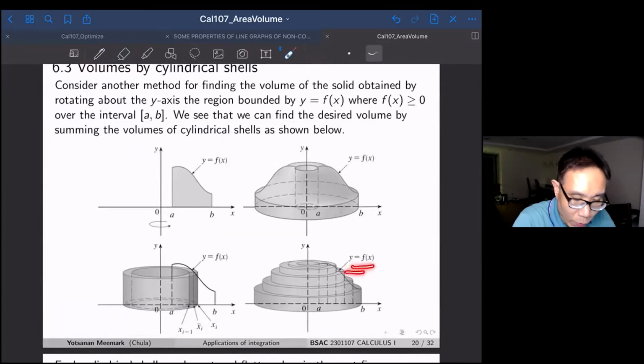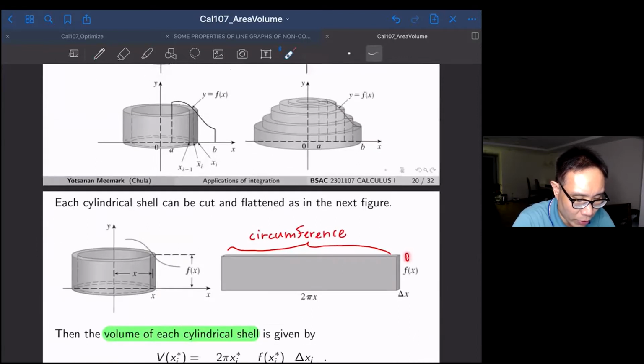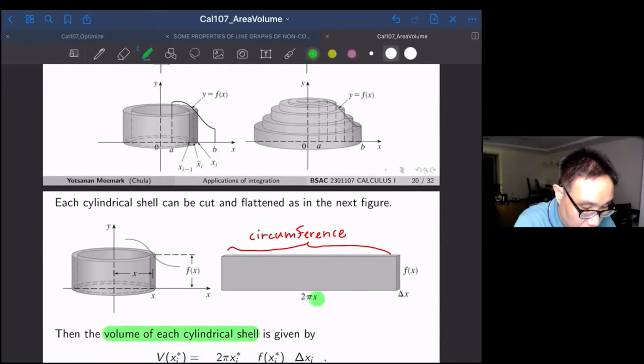You have y = f(x) here, and the height comes from the function f(x). The circumference is just 2πx. The radius equals x and the circumference will be just 2πx. In this case, your x is the radius.